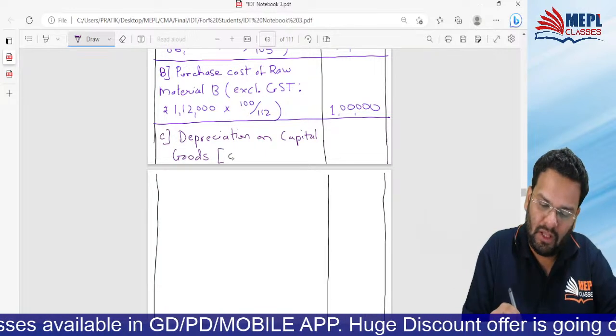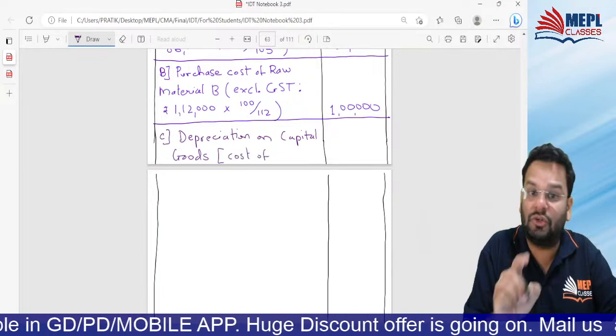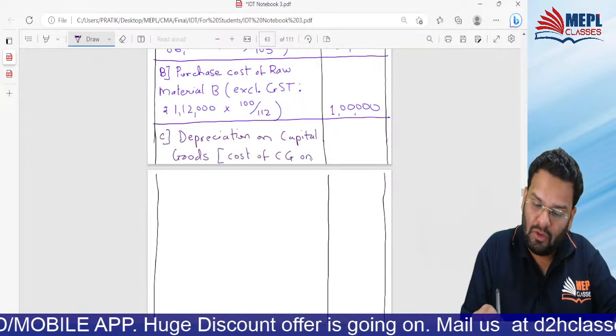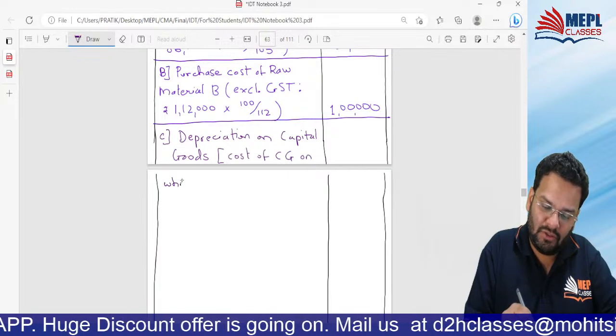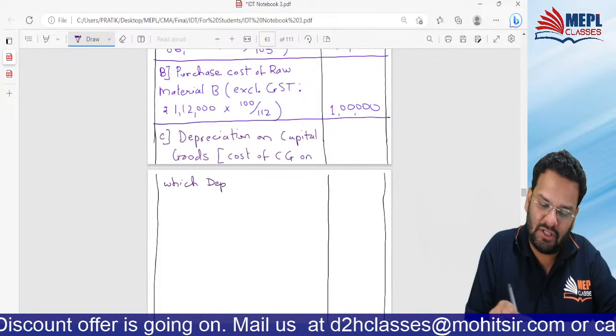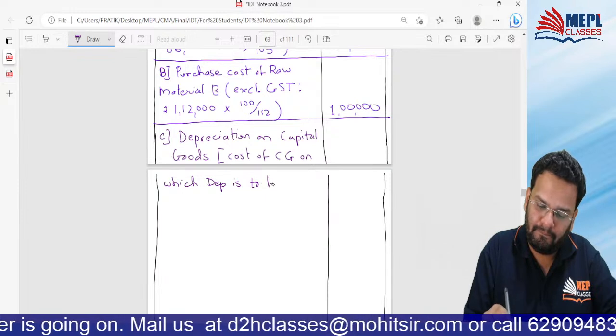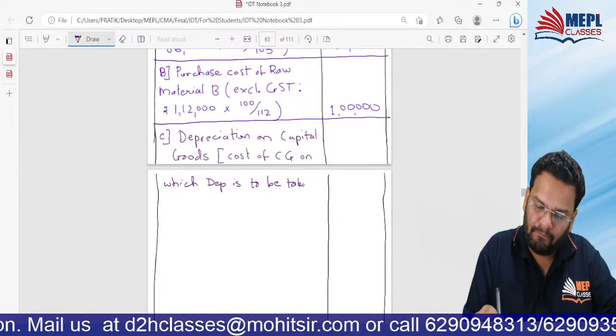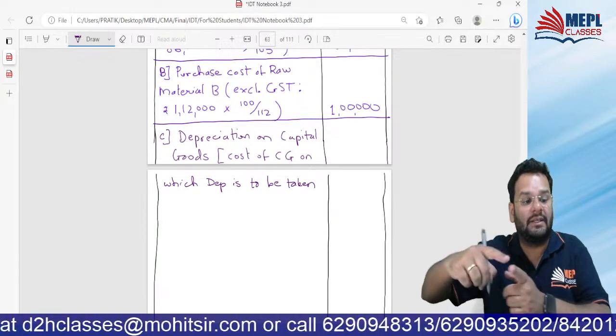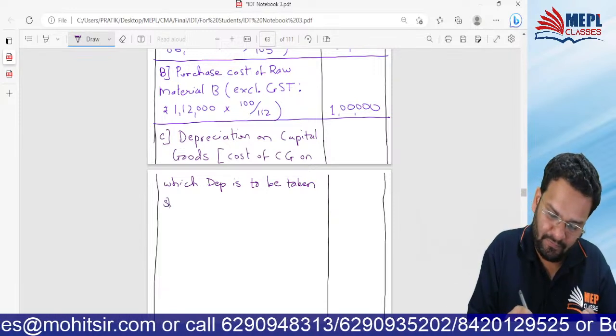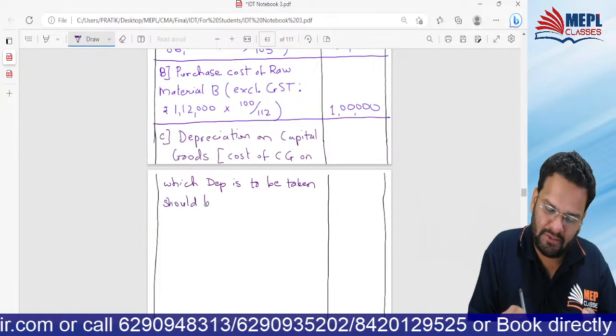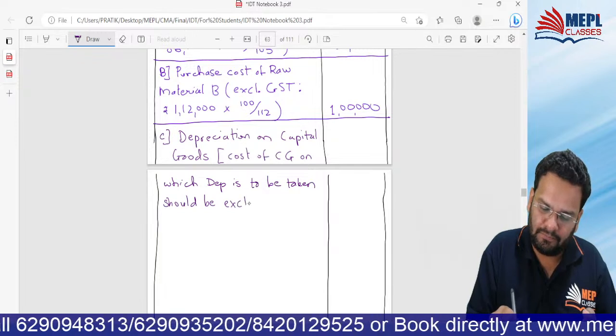Okay. Now, cost of capital goods on which depreciation is to be taken should be, of course, again excluding GST. Should be excluding GST.